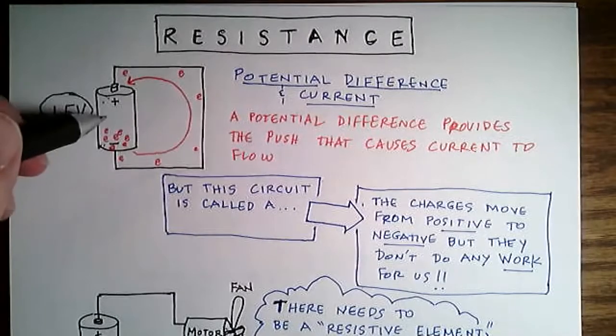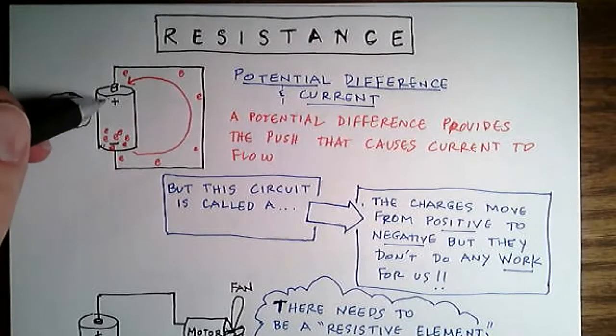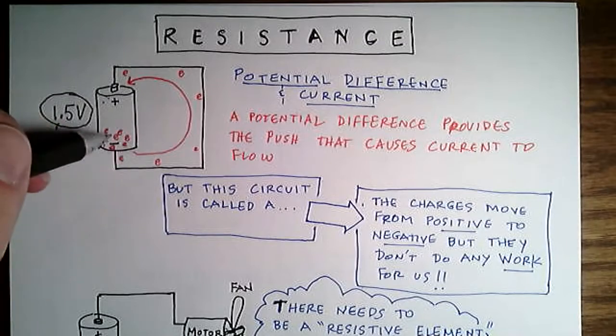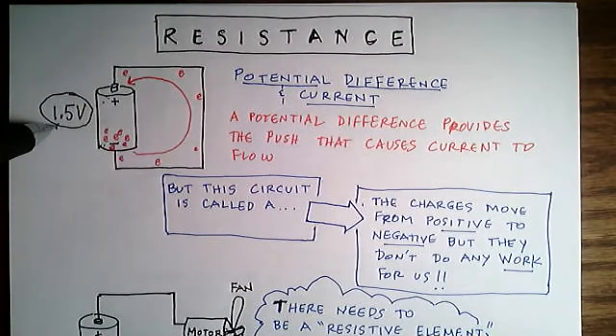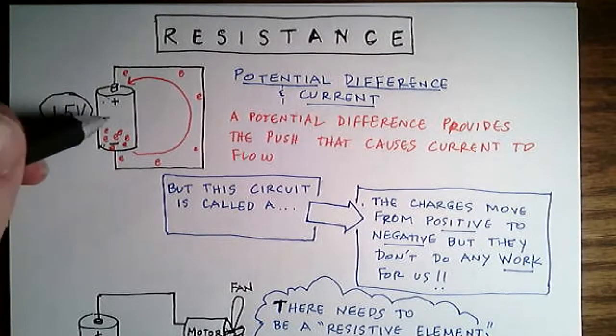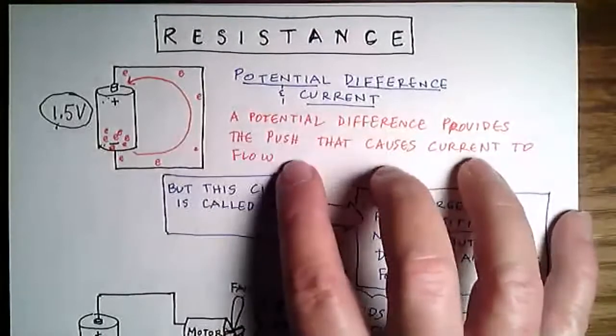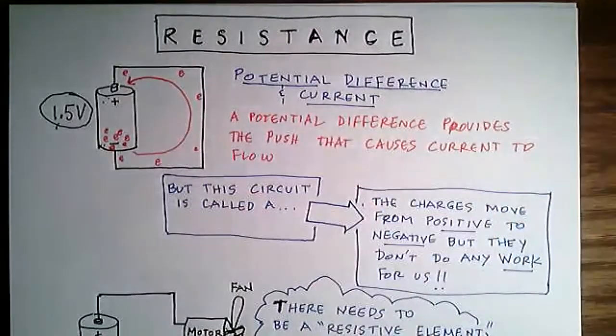And eventually you get to the point where you pile up so many electrons at the positive side that it no longer pulls these guys. You don't have that potential difference, and you would say your battery is dead. So you'd either have to recharge it if it's rechargeable or put new batteries in. So that battery gives you the potential difference, and that's what forces the current to move.